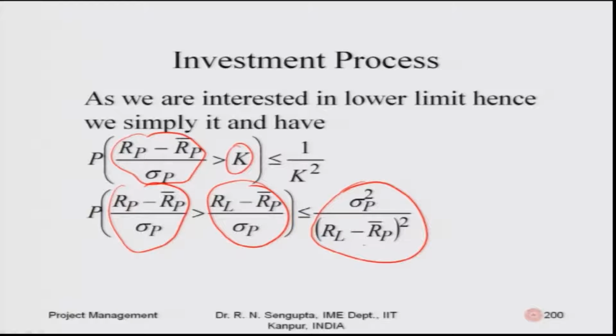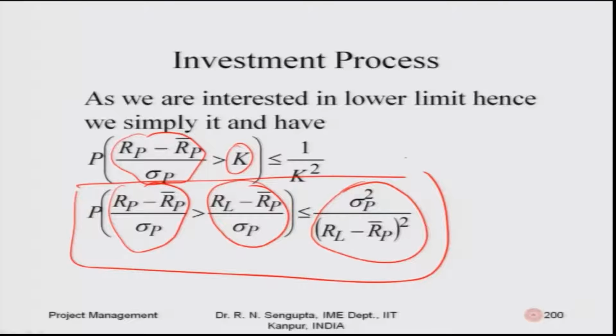So, if you see this formula, this is exactly what we needed, where all the standard deviations and the return of the portfolios of the projects are given, or risk free interest is given, or RL is given as the case may be.